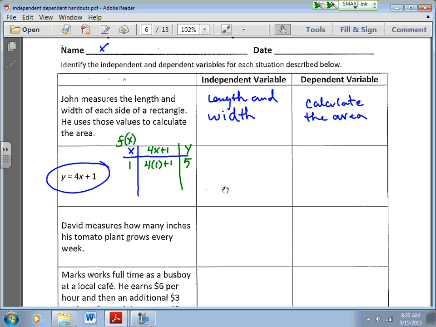So when I choose x as 1, f of 1 gives me 5. Which one of these is the dependent and which one is the independent? Y is dependent and X is independent. Good. Y is dependent and X is independent.